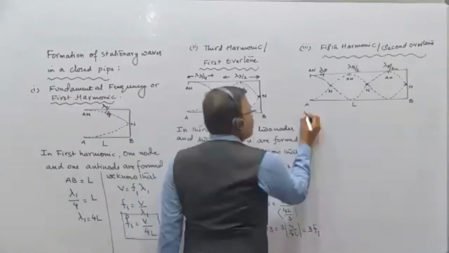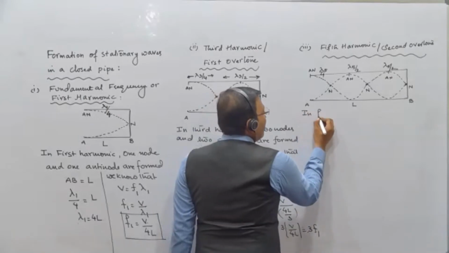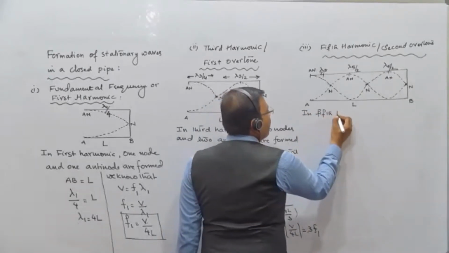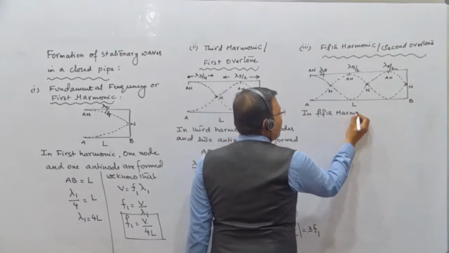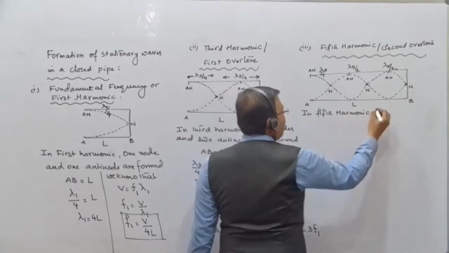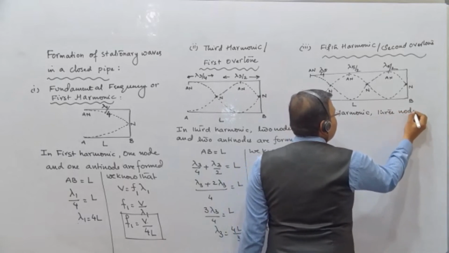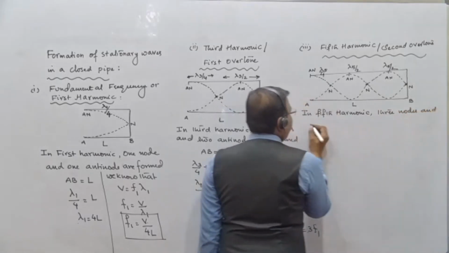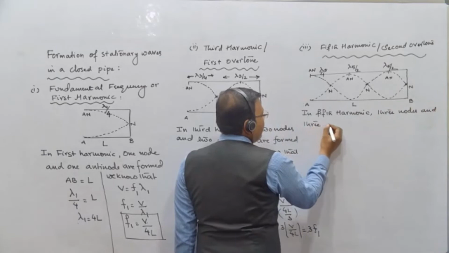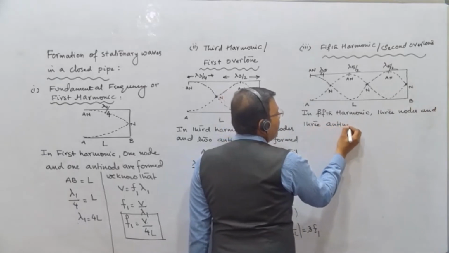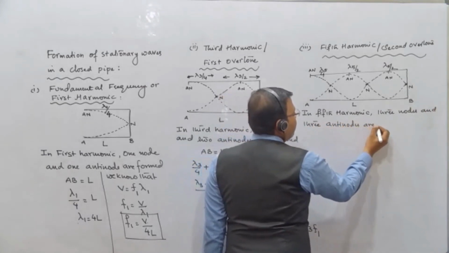So I'll write, in the fifth harmonic, three nodes and 3 antinodes are formed.